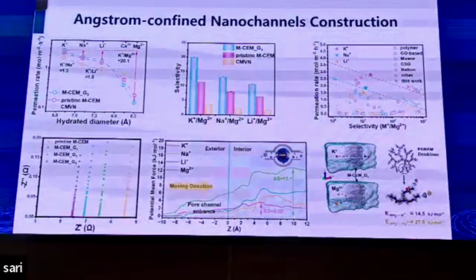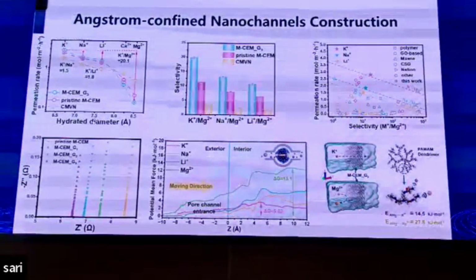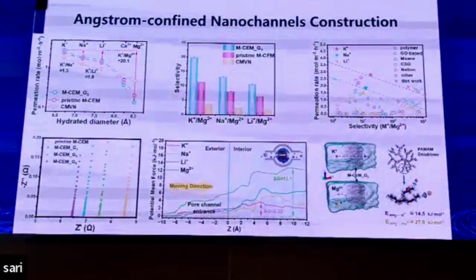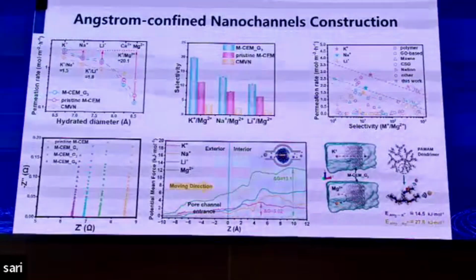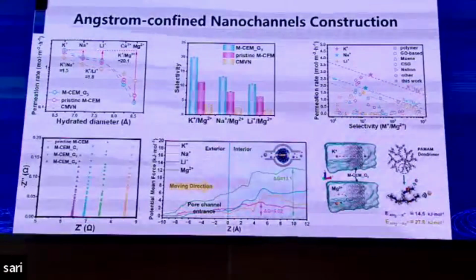Then we made calculations of the resistance. We can see that for the monovalent potassium ions, the resistance decreased, which means the conductivity increased.